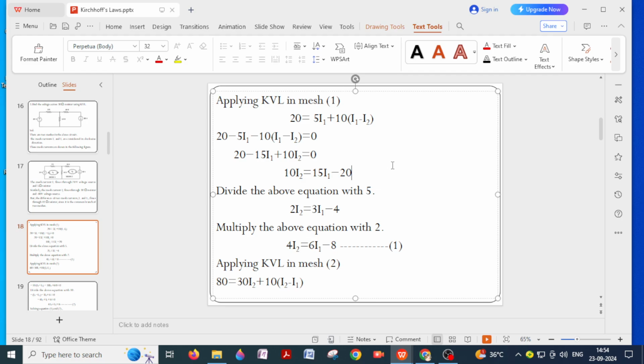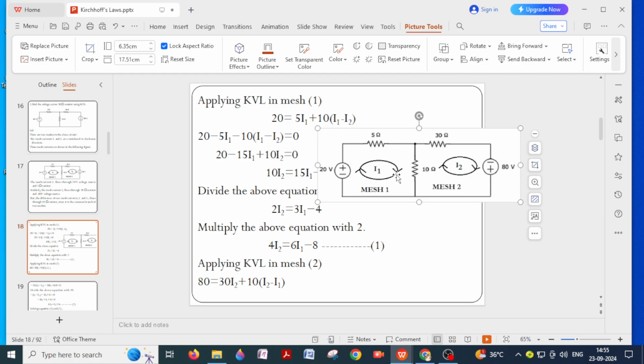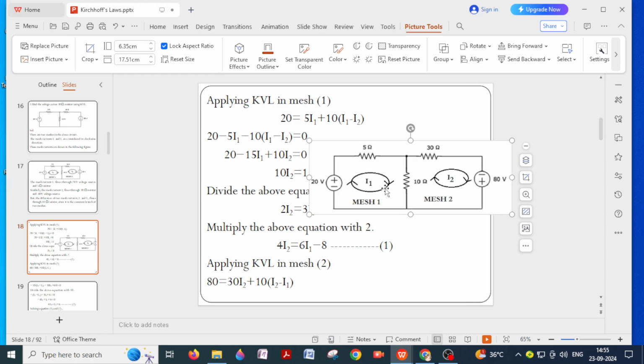So 20 is equal to 5 into I1 plus 10 into the difference of these two currents.